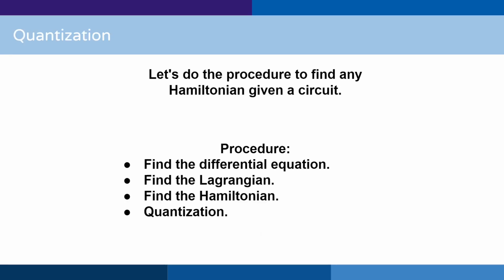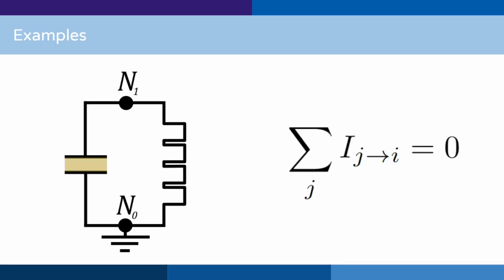Okay, so what is the procedure to find any Hamiltonian given a circuit? We need to begin by finding the differential equation, find the Lagrangian, after that find the Hamiltonian, and at the end quantize. So let's try to do it with our simple example, the LC oscillator.